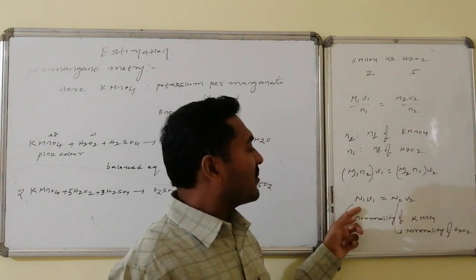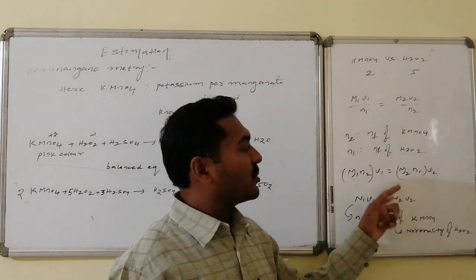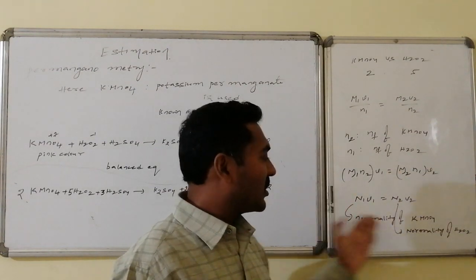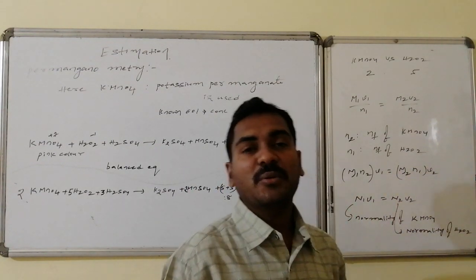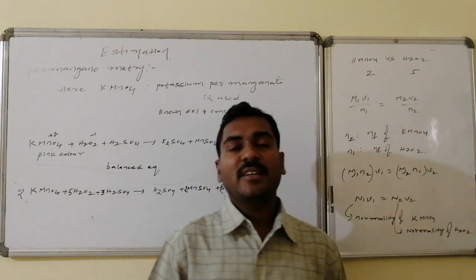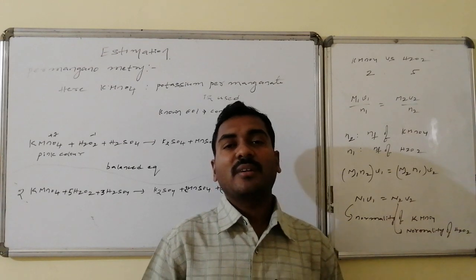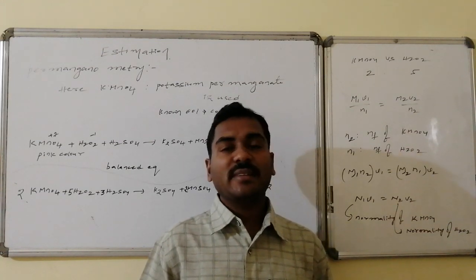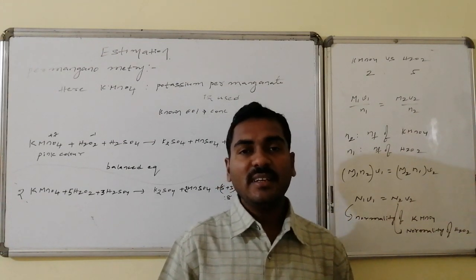So this is N1, the normality of the first component, and N2, the normality of the second component. Thus N1 v1 is equal to N2 v2. If you want, you can calculate molarity, or you can calculate the normality, and thereby you can determine the amount of hydrogen peroxide present in the system.